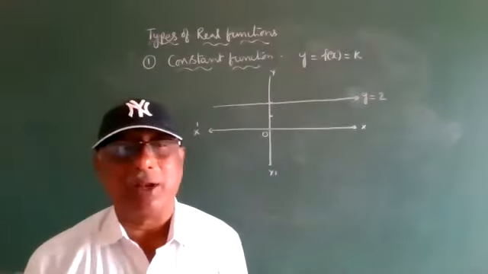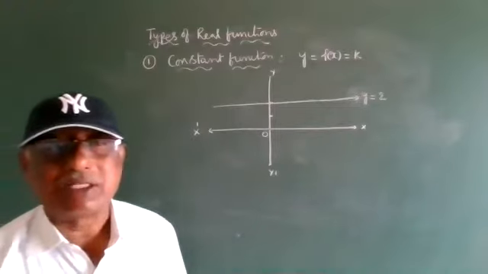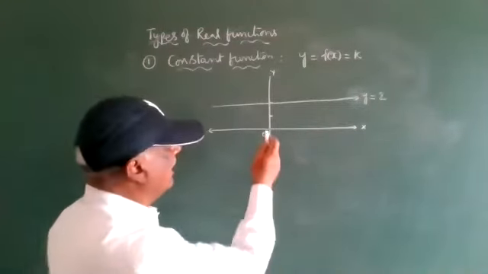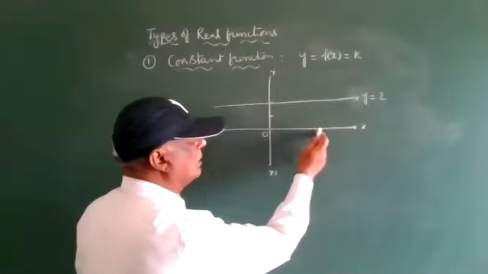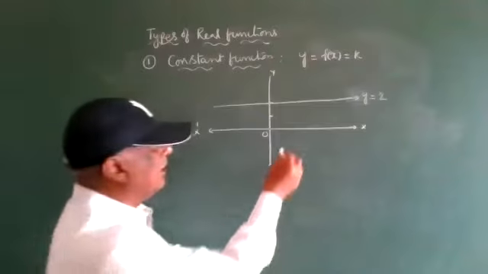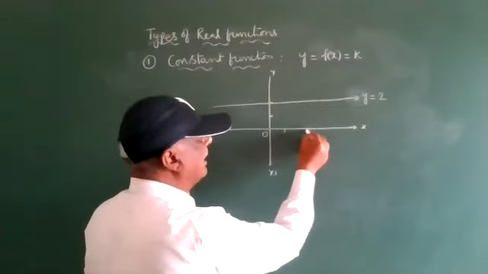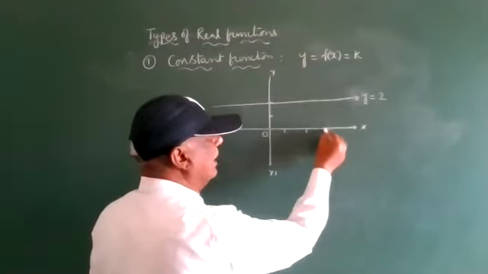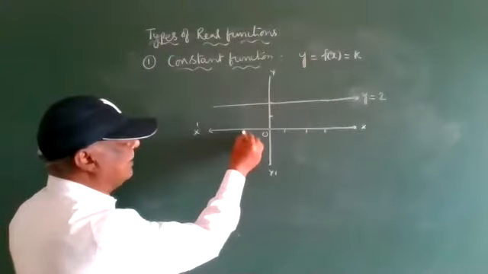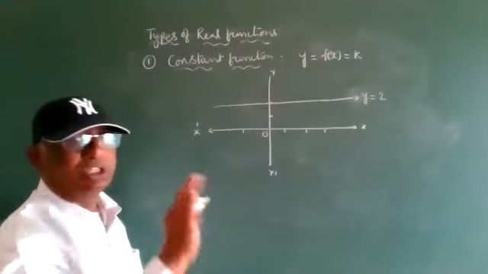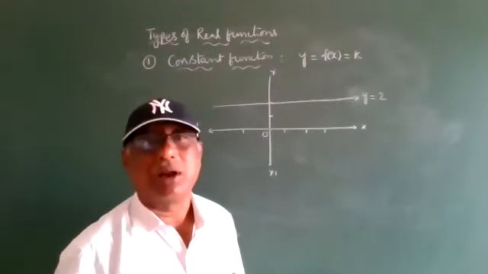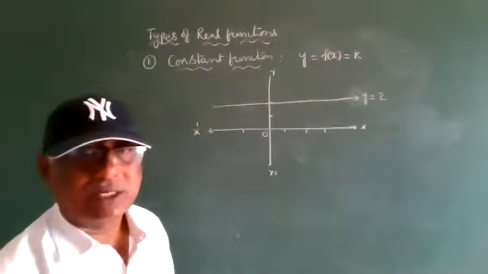It is always parallel to the x-axis. For x values 0, 1, 2, 3, 4, the y value is the same, 2, with no change. For x = -1, y is also 2. So the x values change, but the y values do not change. That is called a constant function.